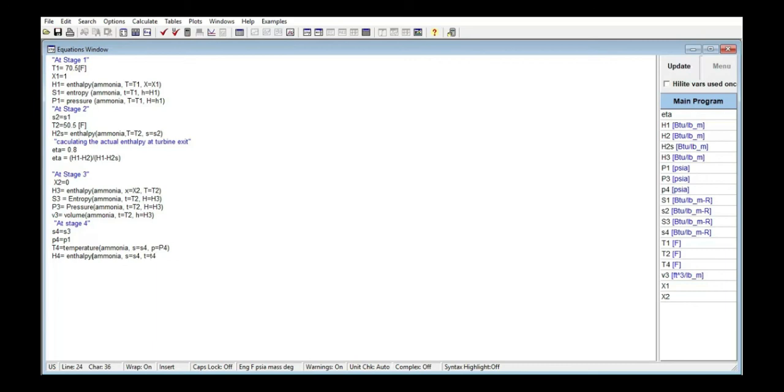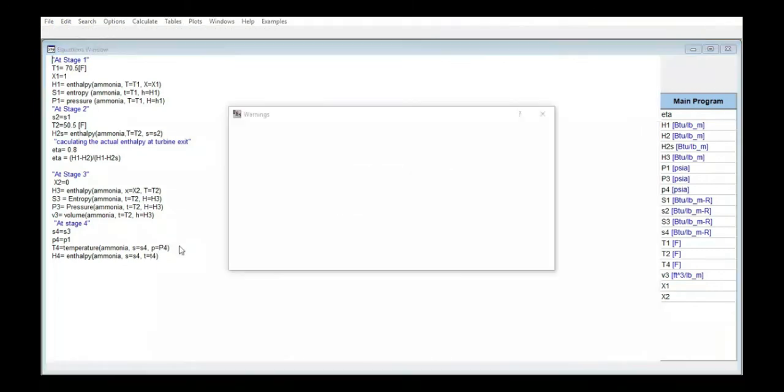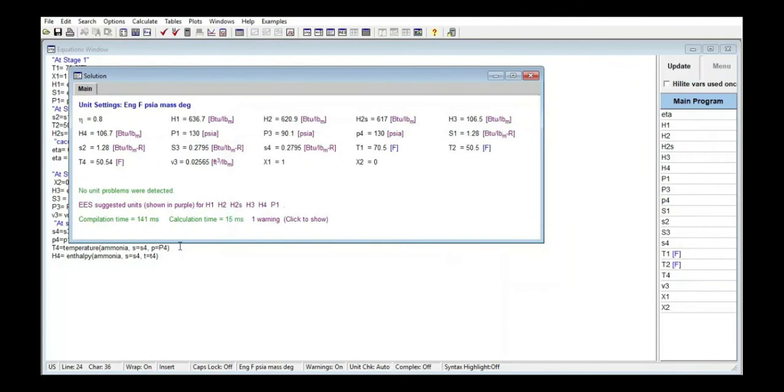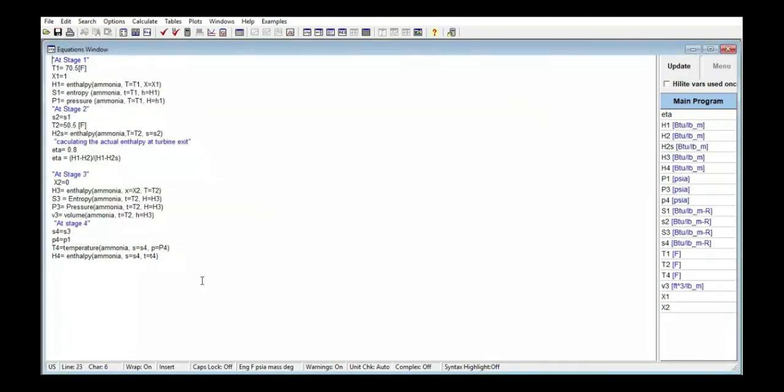Okay, so here comes the H4, which is 106.7 British thermal units per pound. We have calculated all the four stages' properties of enthalpy.